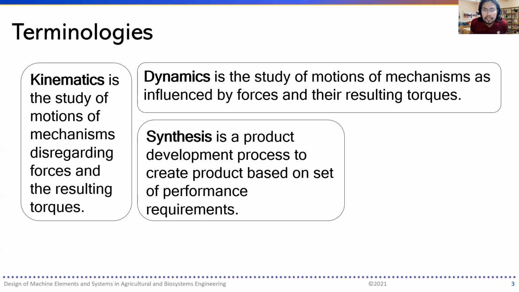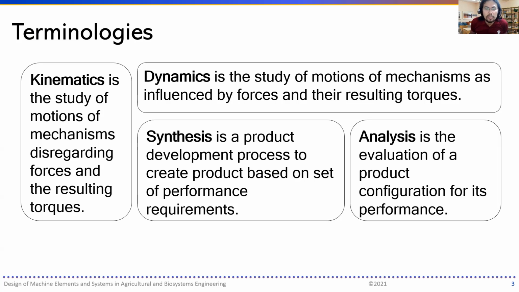And we have lastly analysis, which is the evaluation of the product configuration with due consideration of performance. Now, synthesis and analysis are working together to develop products for the beneficial use of people, or of the end users.